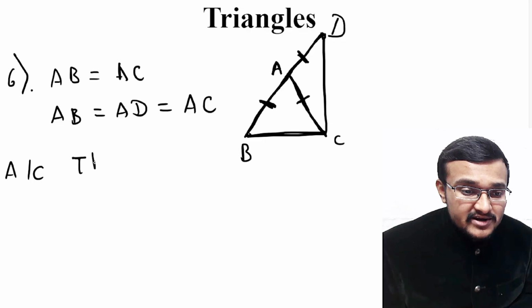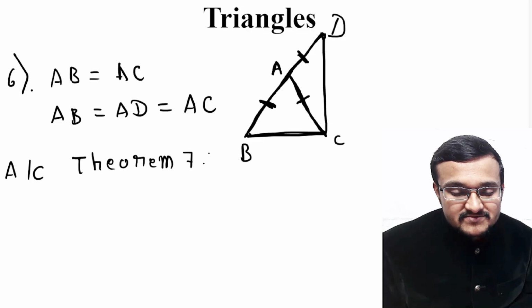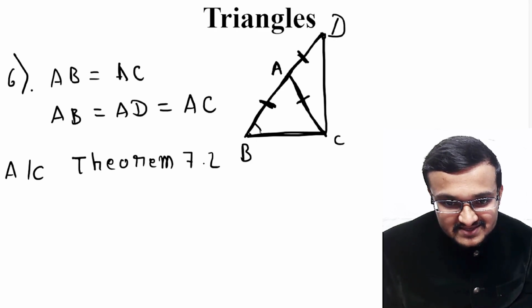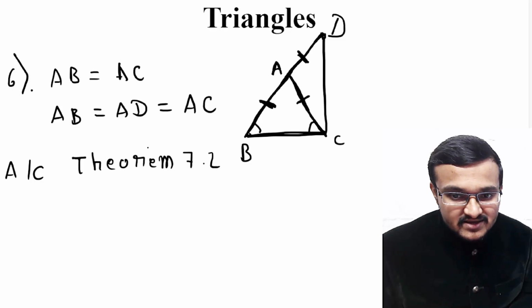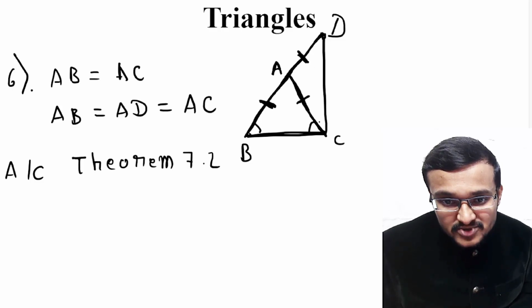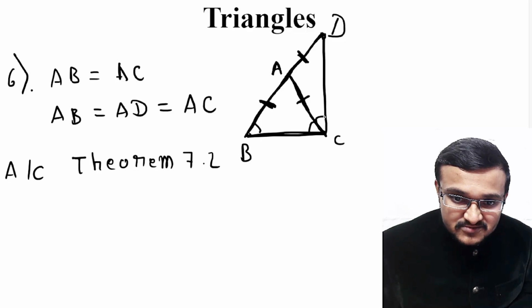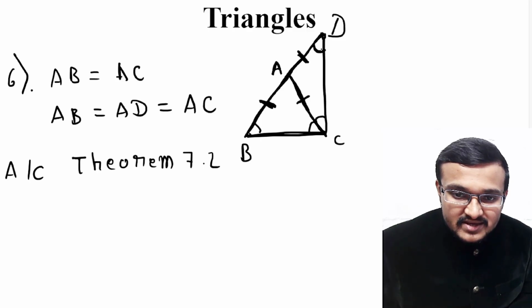Now according to theorem 7.2, since ABC is an isosceles triangle, this angle and this angle will be equal to each other. And ADC is also an isosceles triangle, so this particular angle and this particular angle will also be equal to each other.